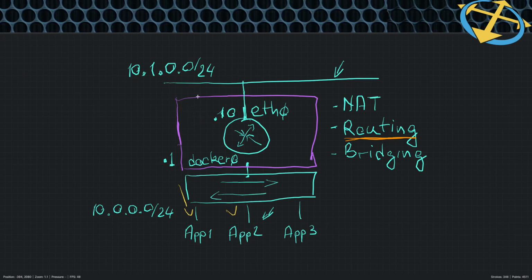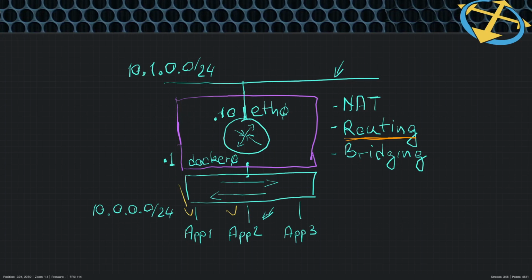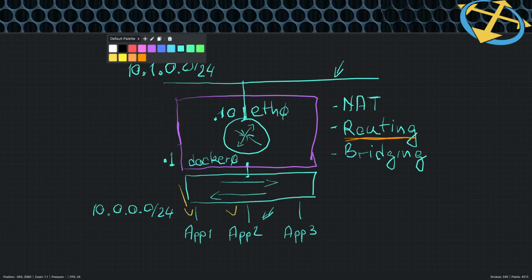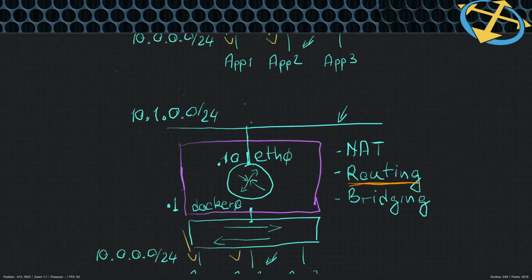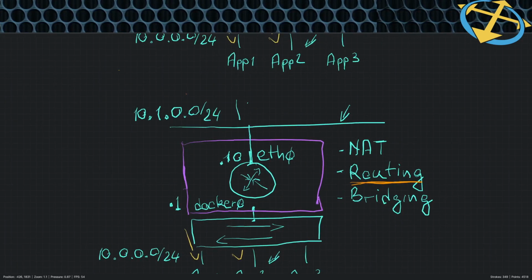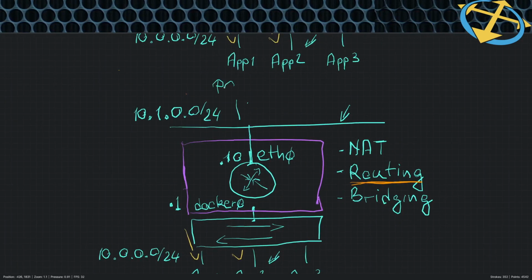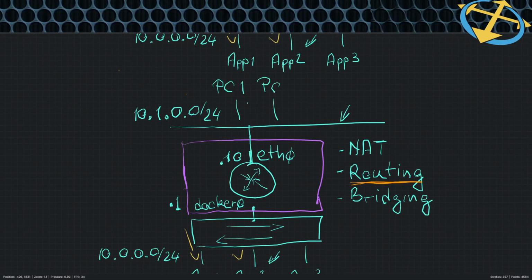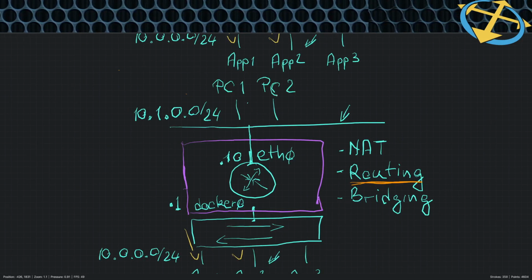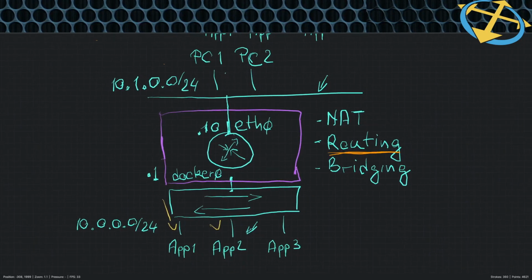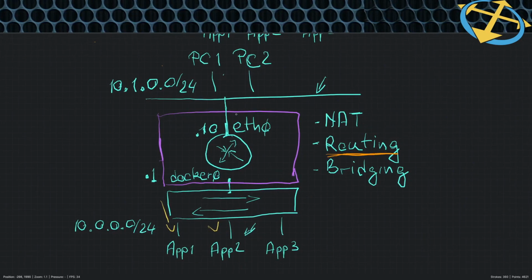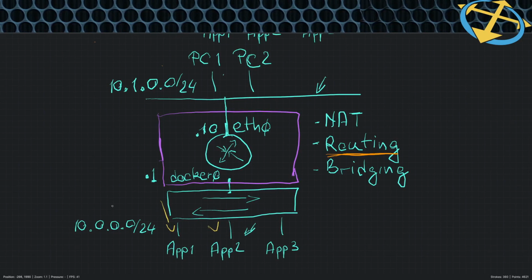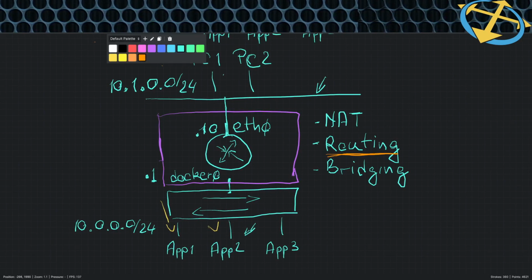So for routing, let's imagine that on the physical network I have my, let's say, my user PCs, all right? I have my PC1 and another PC2, and of course I can route traffic for this network, for 10.0.0.